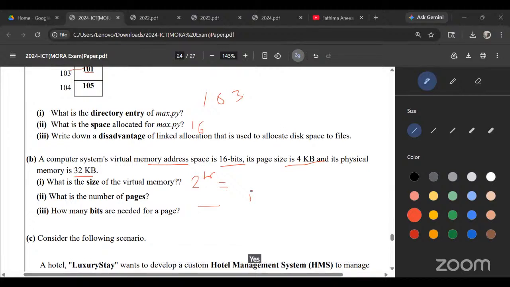Yes, Shasta, you're correct. 2 to the power 10. Pay attention now. I think most of you don't know. I think you're confused with the powers, right? Yeah.